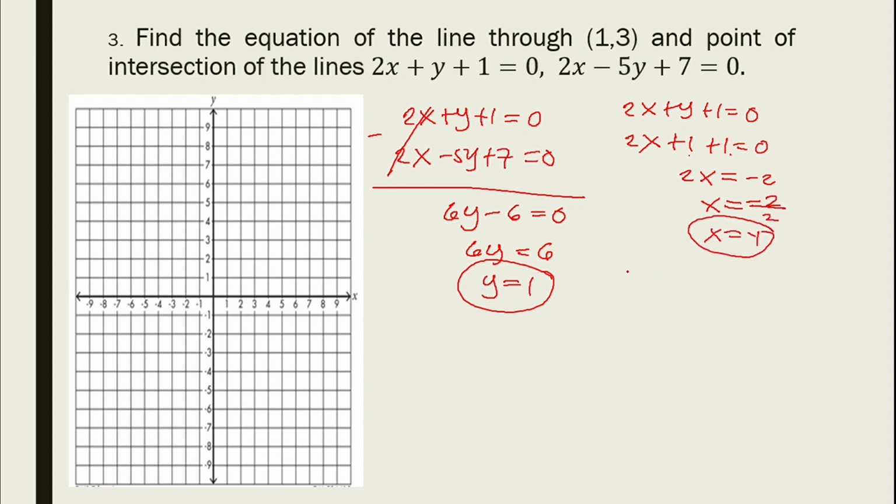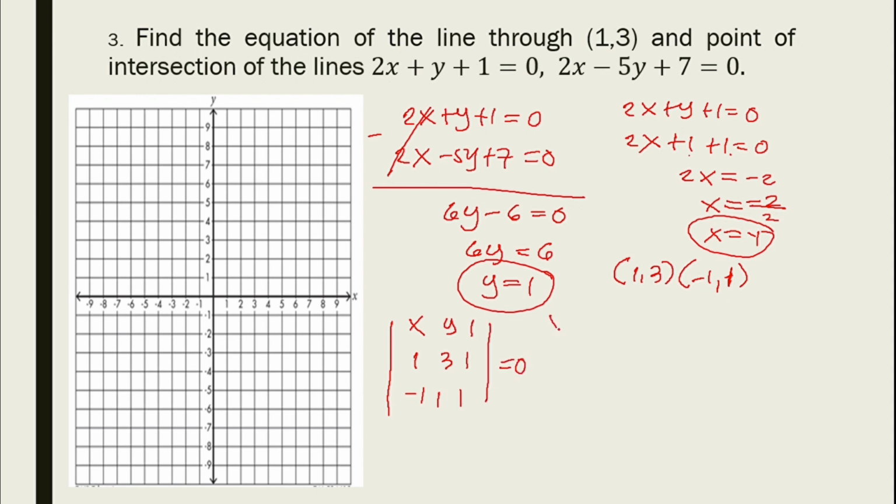So the points that we have here are (1, 3) and (-1, 1). By the use of determinant form, we have x, y, 1; 1, 3, 1; and -1, 1, 1, equals 0.